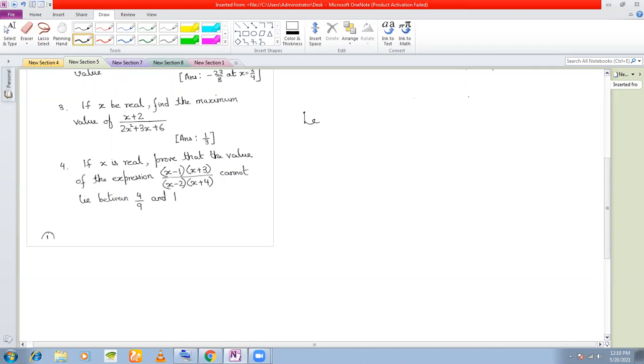So I say let y is equal to (x minus 1 into x plus 3) divided by (x minus 2 into x plus 4). Okay, multiply numerator and the denominator.